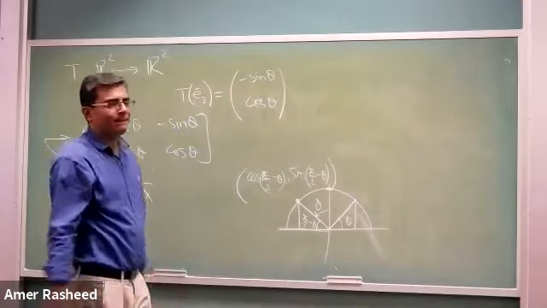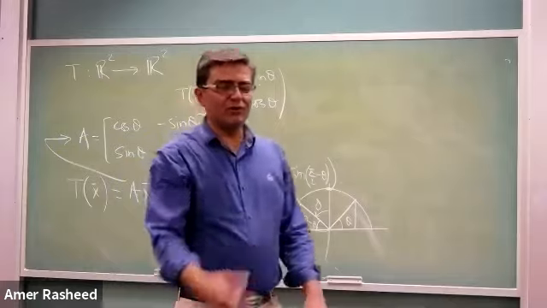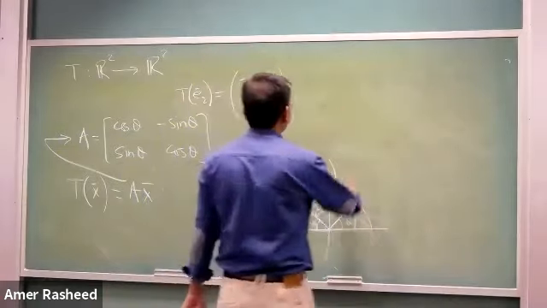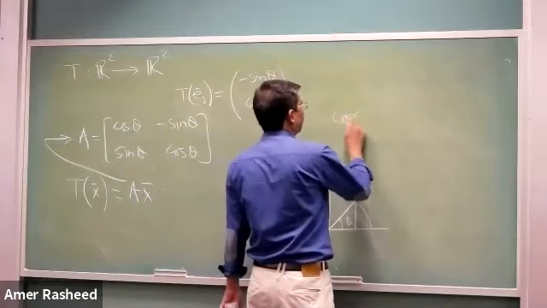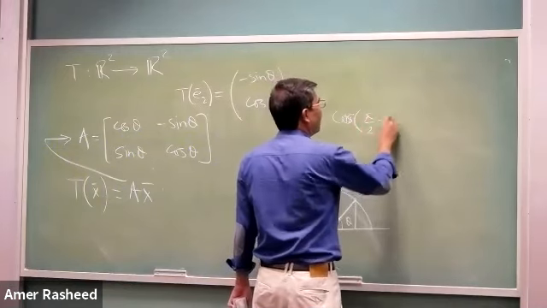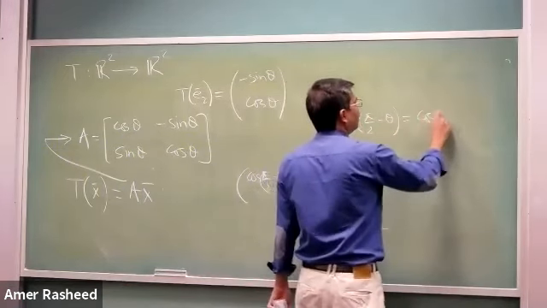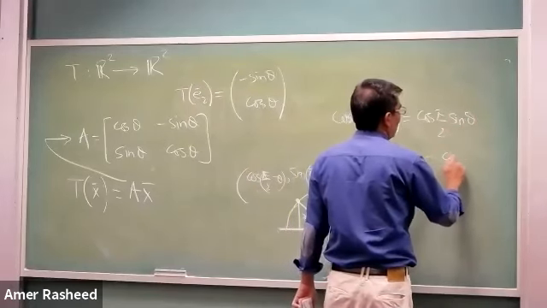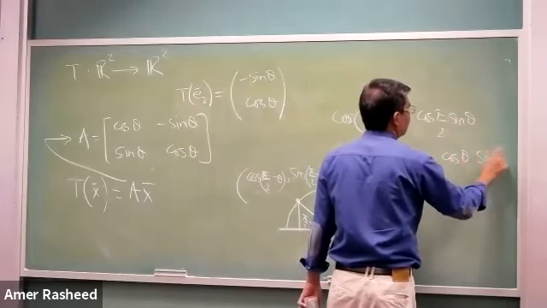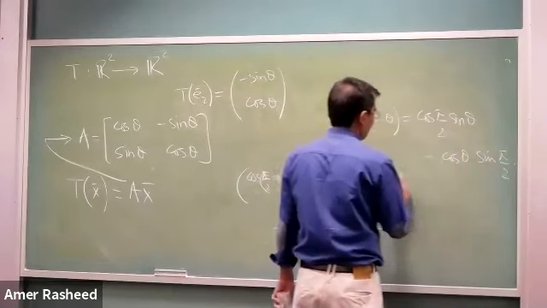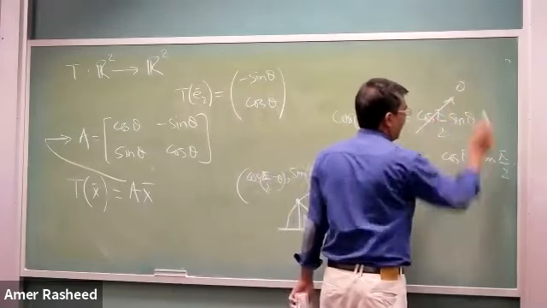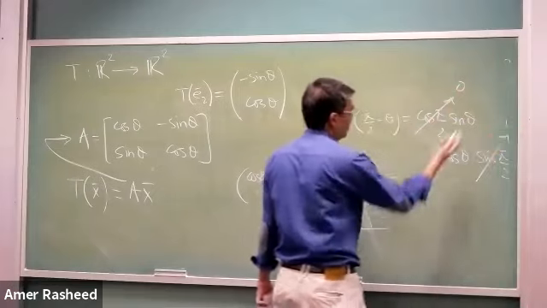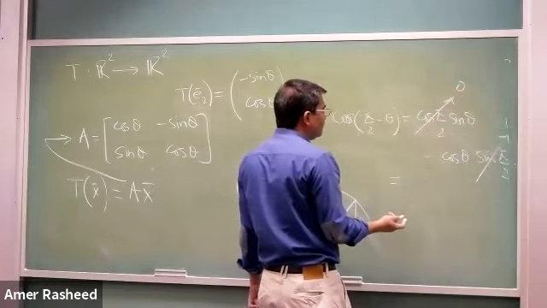Okay? Because cos pi by 2 होता है 0, and this is in fact, let me tell you, it will be cos pi by 2 sine theta minus cos theta sine pi by 2. Okay? Cos pi by 2 is 0 and sine pi by 2 is 1. What do you get here? Minus cos theta.